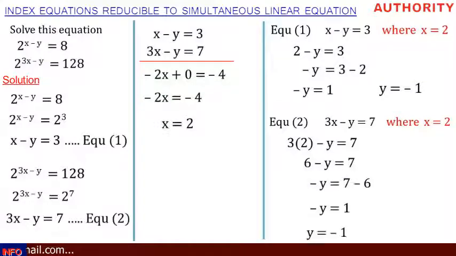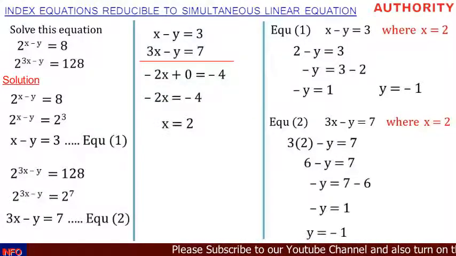Taking 6 to the other side, we have 7 minus 6, which is 1, so minus y is equal to 1. We are looking for y, not minus y, so let's divide both sides by minus 1. That means y is equal to minus 1.